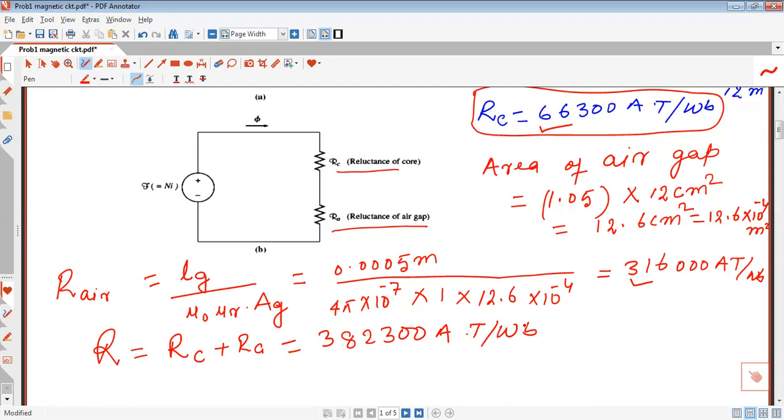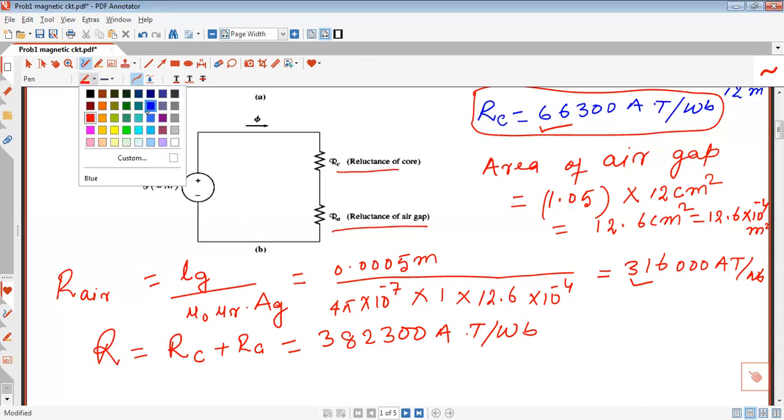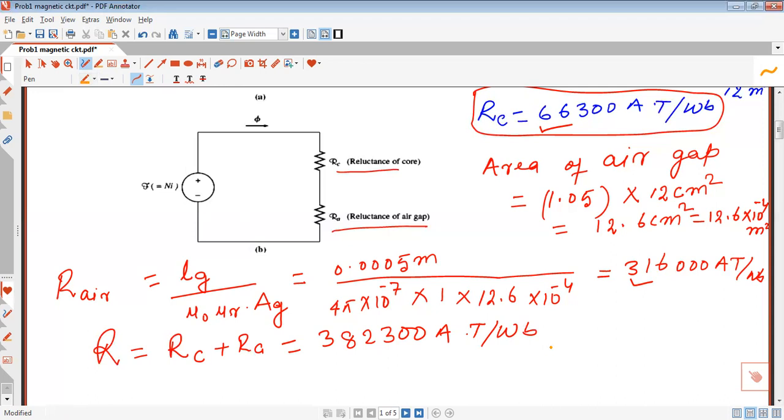So now this value is known, so we can find out the value of the current. To find the value of the current, we have to apply Ohm's law in the magnetic circuit, and we can use this relation. We have MMF, N into I, which is equal to phi multiplied by the total reluctance.